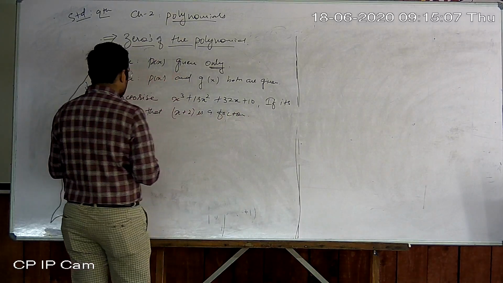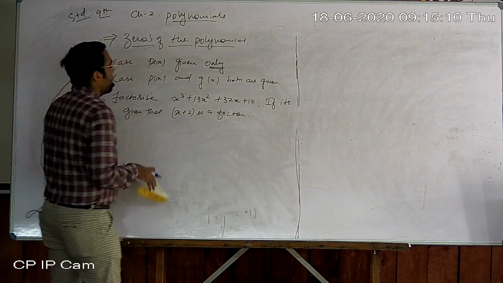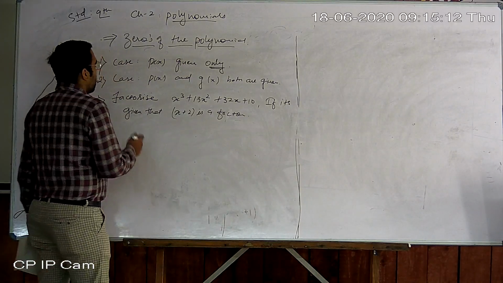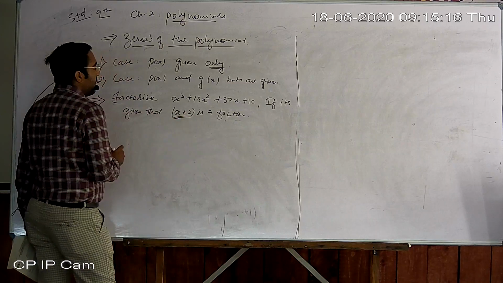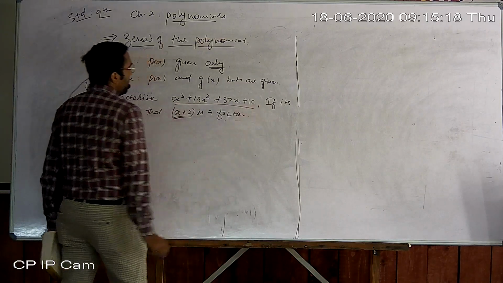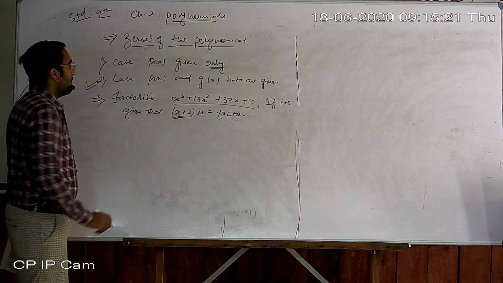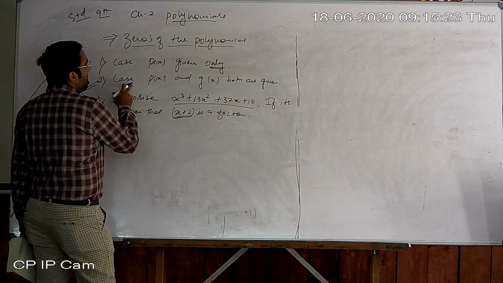Here it is given that x plus 2 is a factor of the given polynomial p of x. Okay, this is the second case.